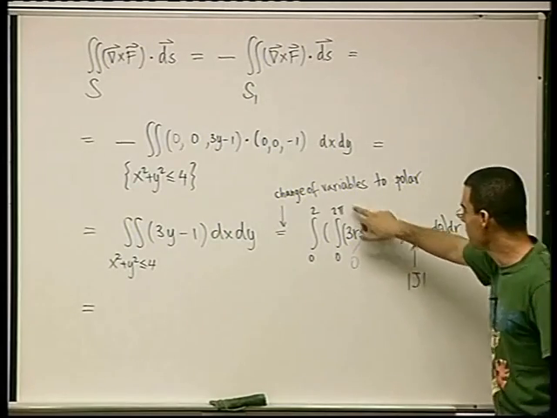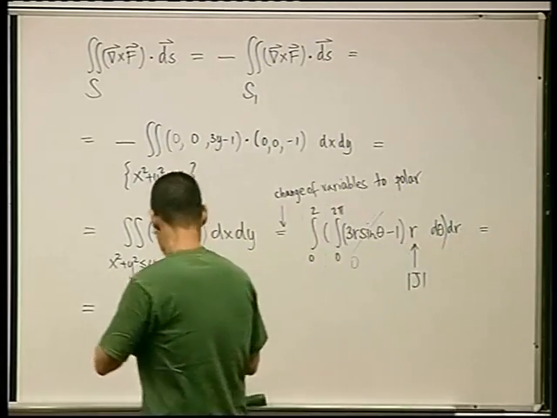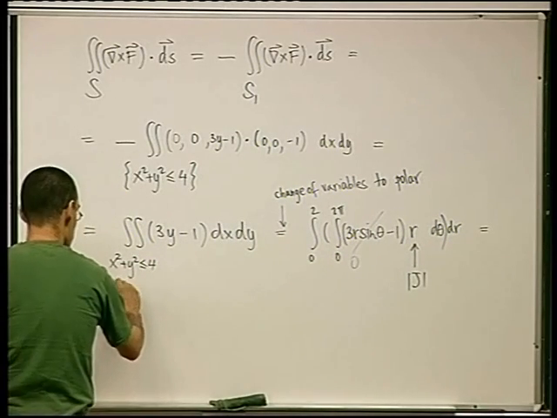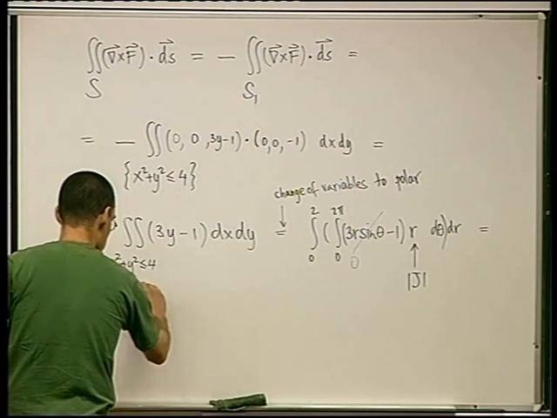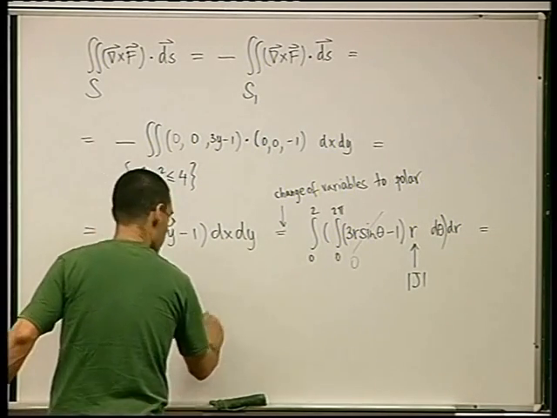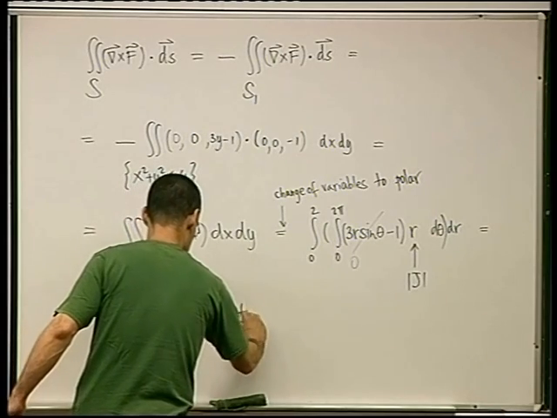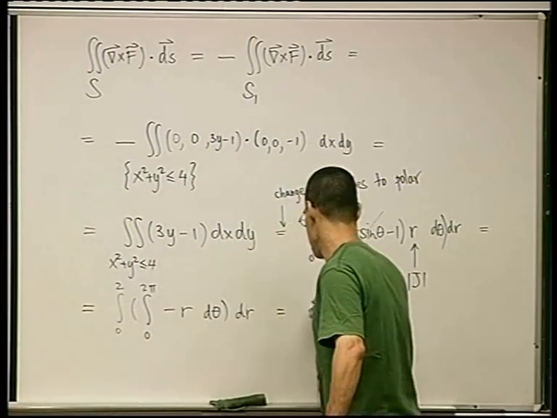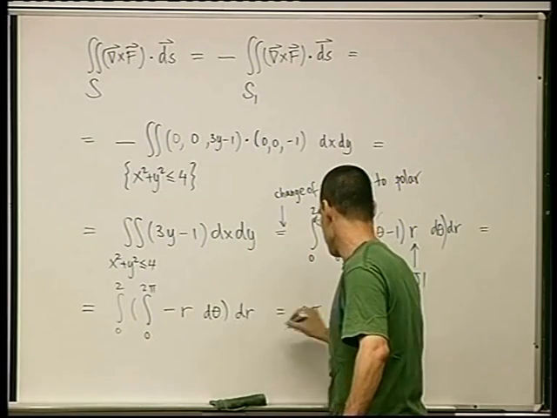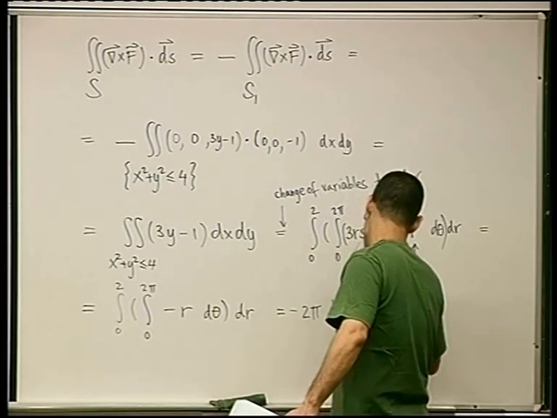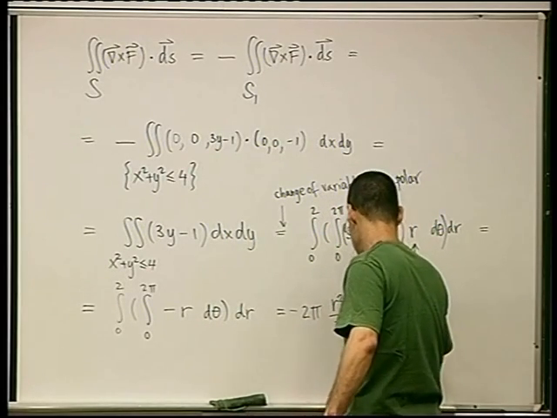So what's left is the integral from 0 to 2, the integral from 0 to 2 pi of minus r d theta dr. And integrating d theta would introduce 2 pi. This minus is going to be a minus, and this is going to be r squared over 2, and we're going to get minus 4 pi.